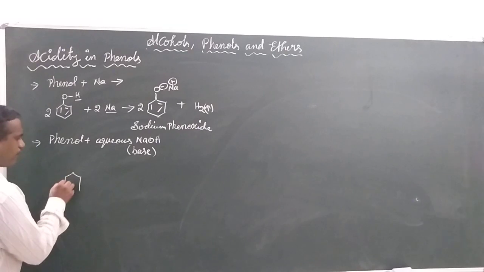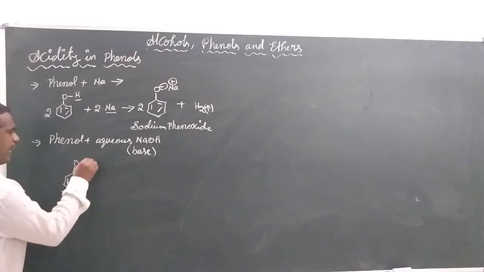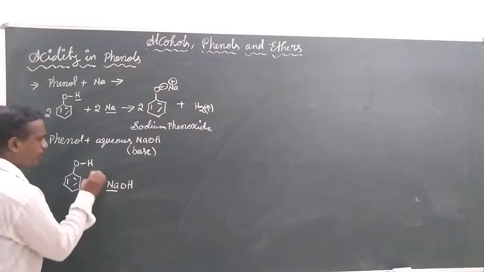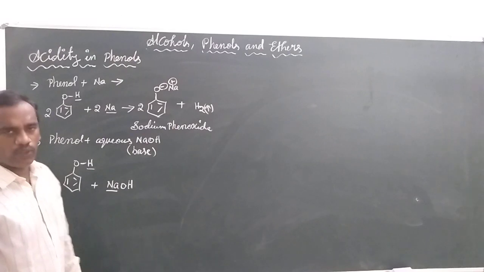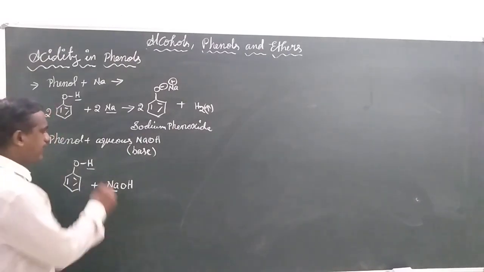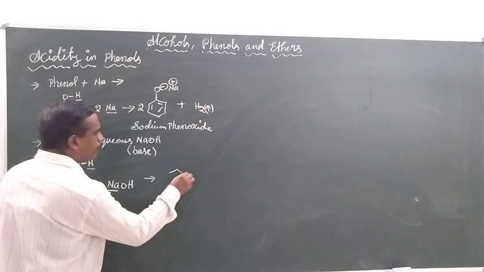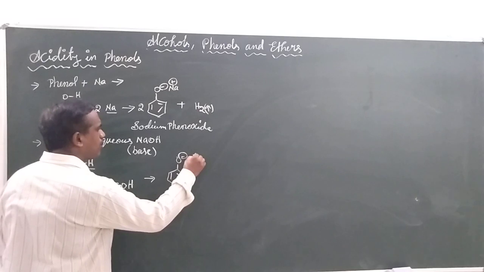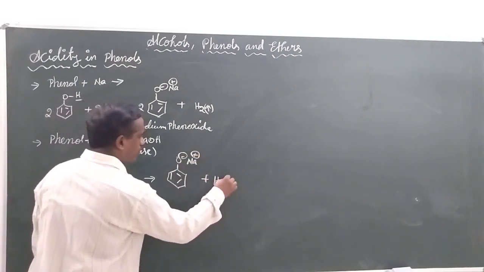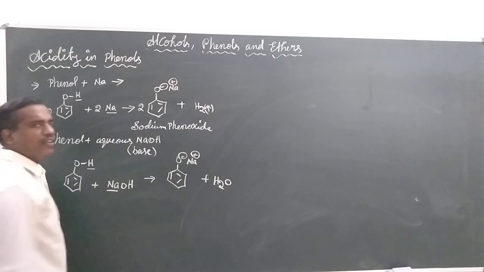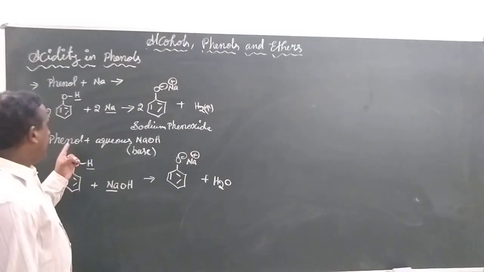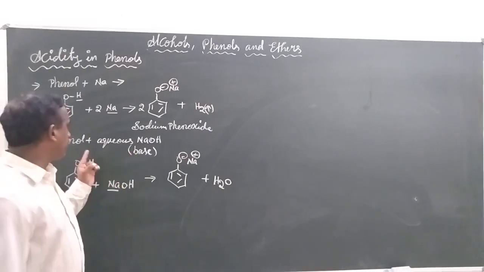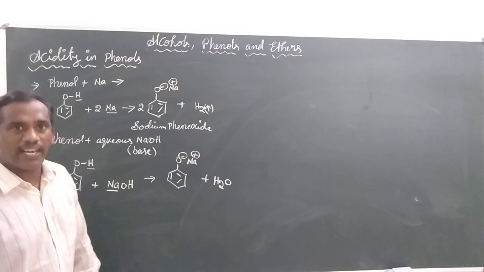So phenol reacts with sodium hydroxide, sodium displaces the hydrogen, and the remaining product is water. Here also the main product is sodium phenoxide, along with water. We got the same sodium phenoxide. Ethanol did not react with sodium hydroxide, but phenol reacted with sodium hydroxide.